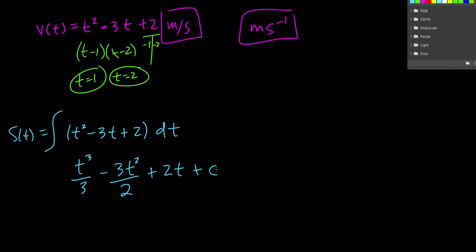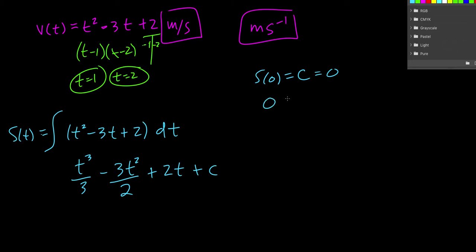Now, we're going to assume that the initial displacement is 0. So if we look at s of 0, we plug in zeros for all of this, so it's just equal to c, where c is 0.